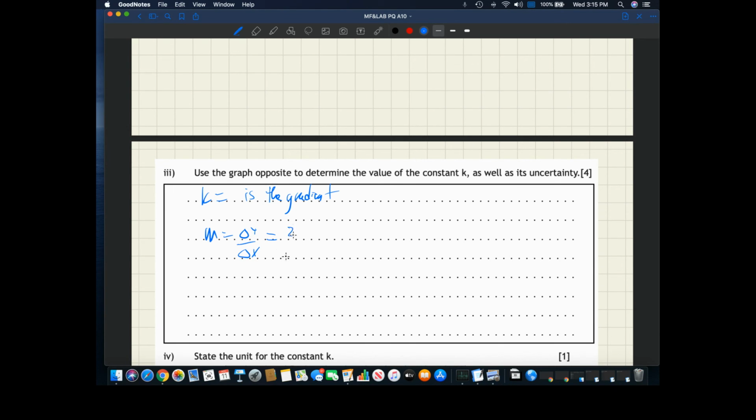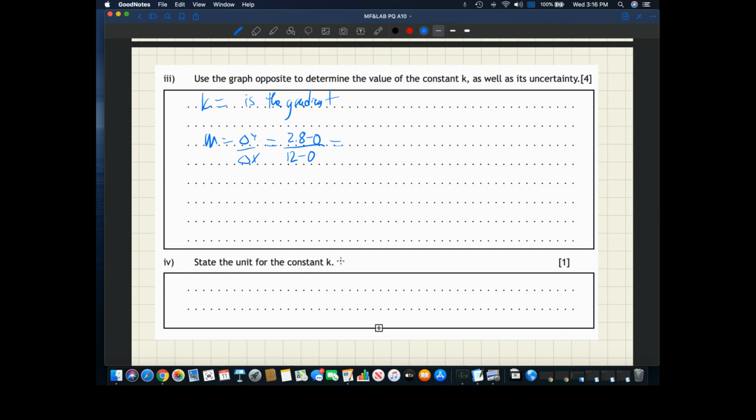And we have a delta y of 2.8 minus 0 all over 12 minus 0. Is 0.2333 repeating. And if we were to report that to two significant digits, that would be 0.23, the slope, is K.